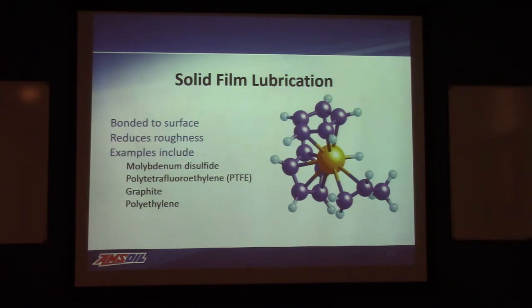We see it used in many other applications. But there can be other ones: graphite, PTFE, that's Teflon. It has to be a real specialty application to see that one. But they tend to bond to surfaces, or they can reduce the roughness. They can act as EP additives as well.